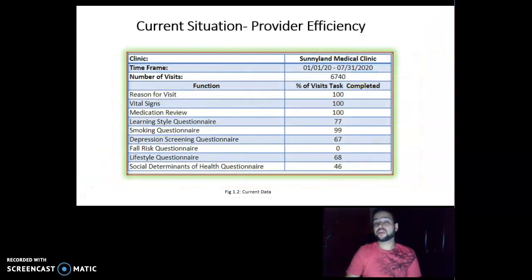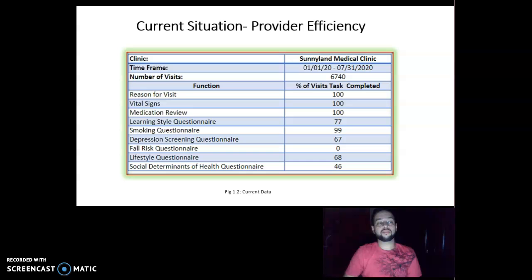Here, as you can see in the current situation, from the workflow that we studied before, the data is being generated. We can see this is an EHR audit record from Sunnyland Medical Facility. Here, it shows the outcome of data inputted from the nurse's assessment for the purpose of visit, vitals, medical reviews, and questionnaires during a 6-month time span.